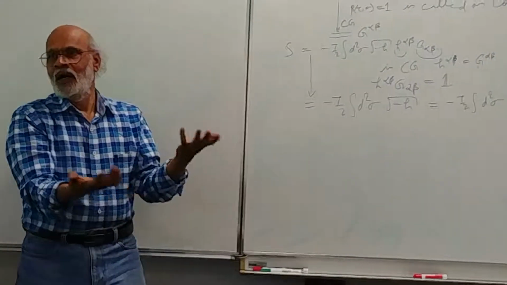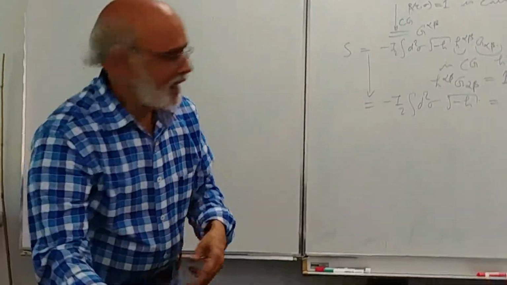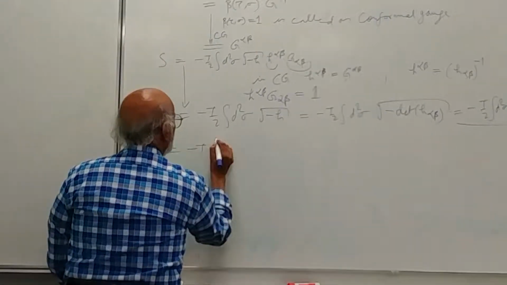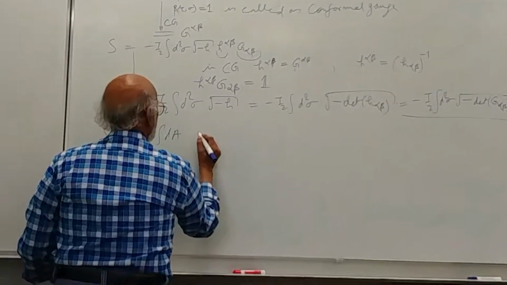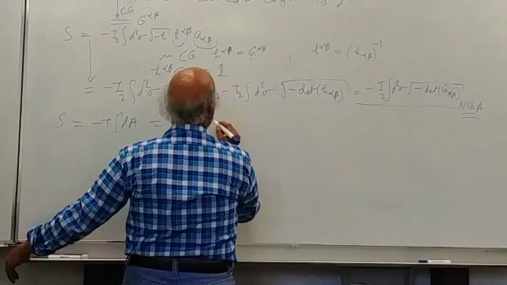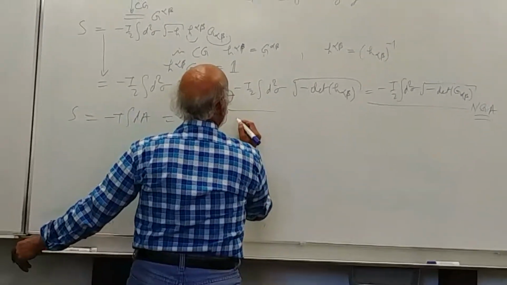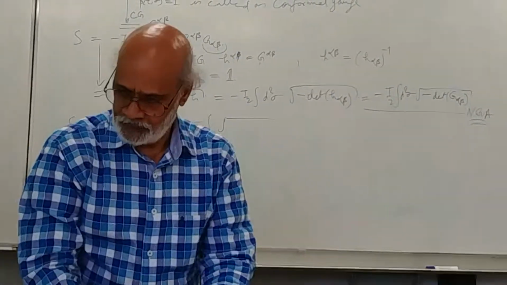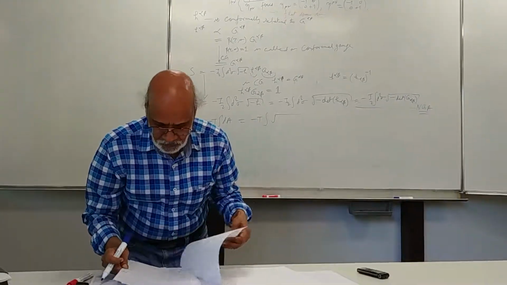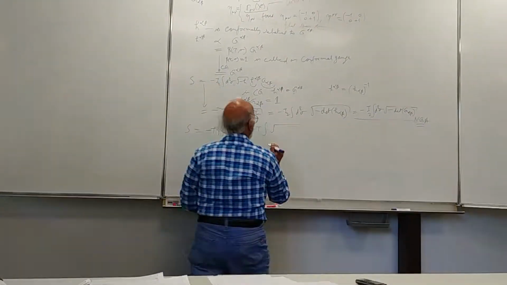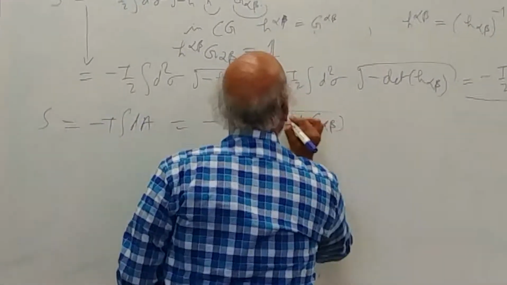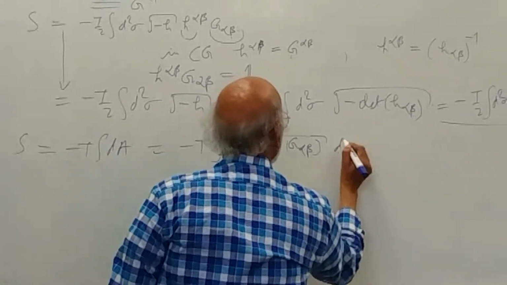And this we know is our earlier known action, which we had written by writing the action in terms of minus T, and this was minus T d2 sigma square root of minus determinant of G alpha beta.